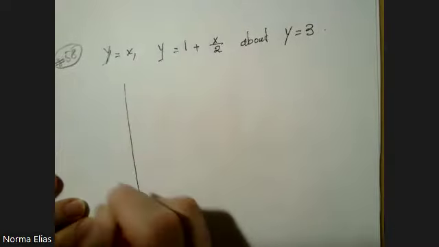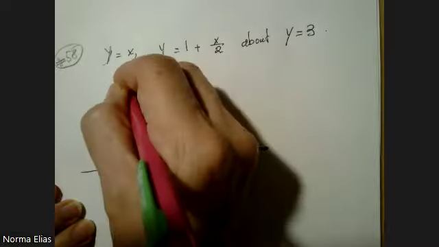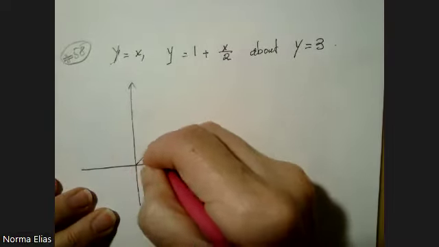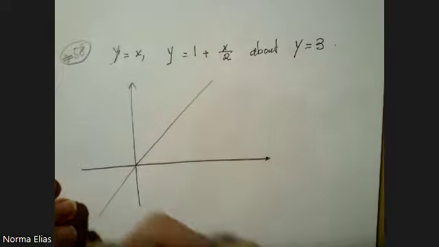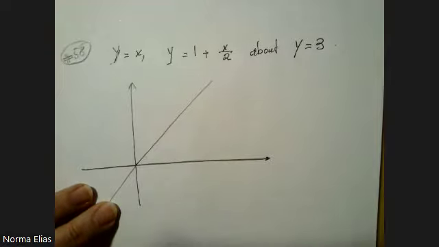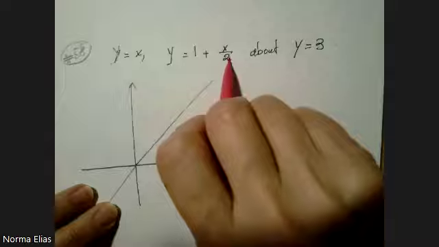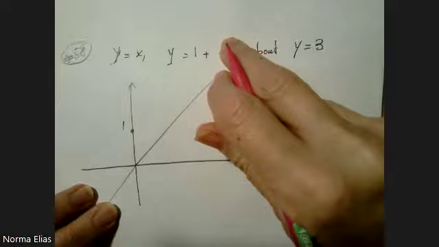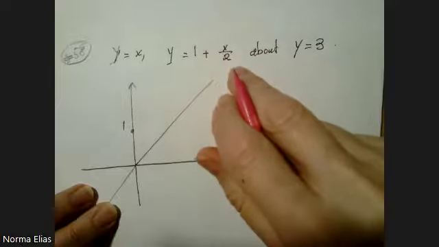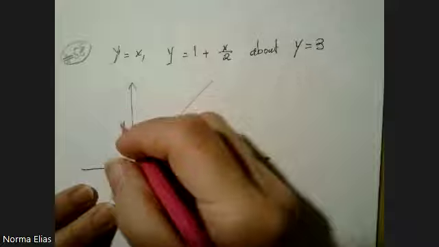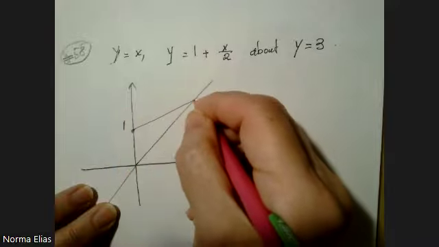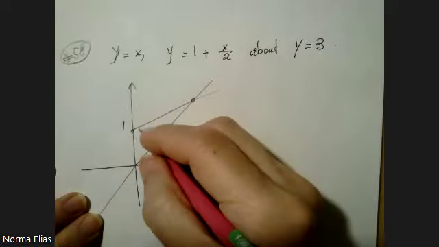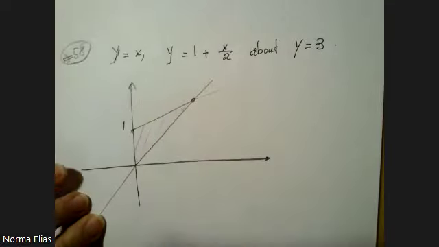I'm going to graph as usual. y equal x, we know what that is. y equal 1 plus x over 2 is a straight line. If x is 0, y is 1, and the slope is a half, so it's sloping a little bit less than the other one. So that's my line, and they intersect somewhere. That's the region in question.